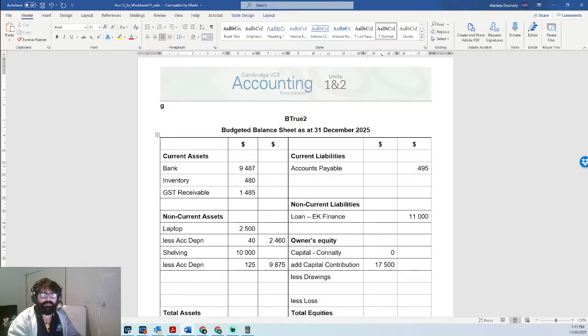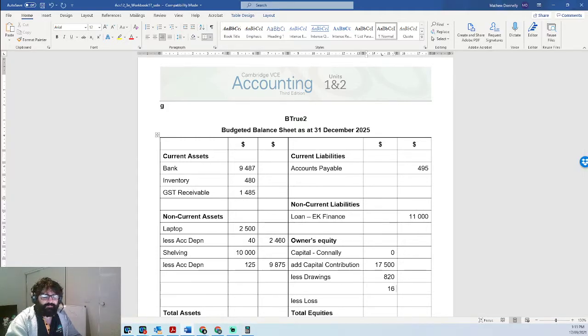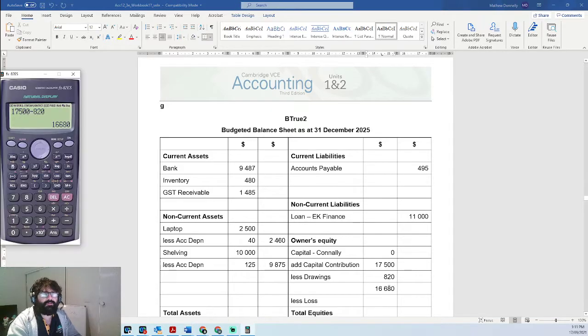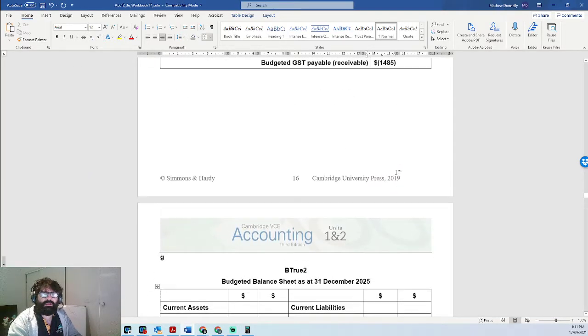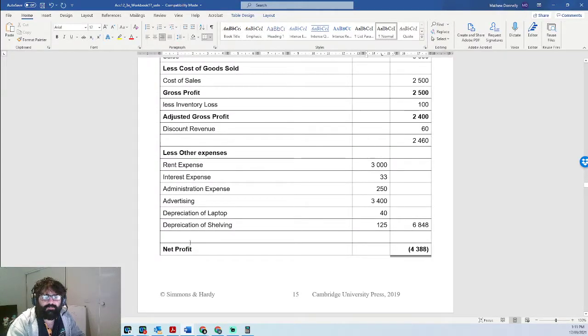We see the drawings were 820, which gives us a total of 17,500 minus 820. I'm not going to add the 0, but you've got to have the 0 at the start so you know it's a new business. It's 16,680.